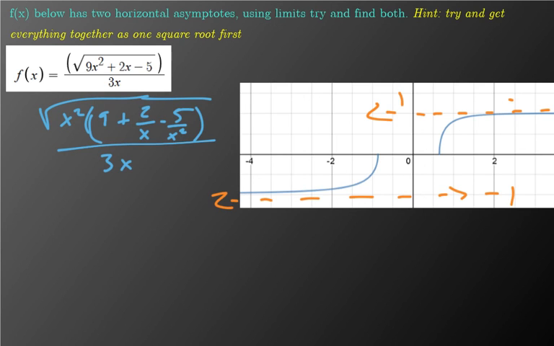Then if I was to take the limit of this thing as x goes to infinity, any of these terms like 2 over a variable or 5 over a variable are going to go to 0, right? So really this could be simplified even further to the square root of 9x squared over 3x.